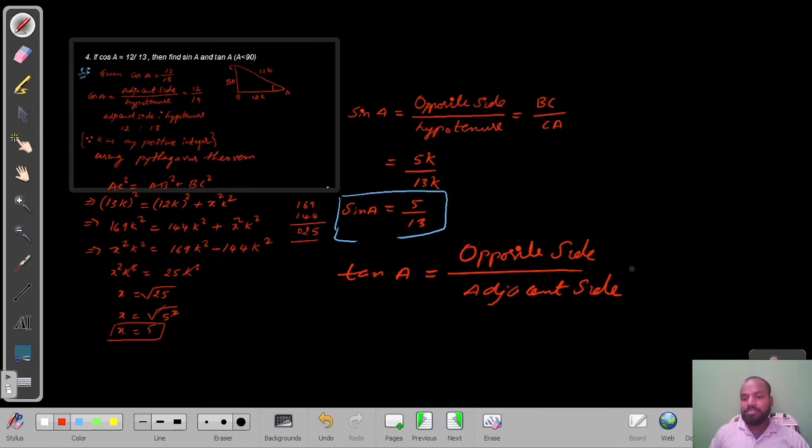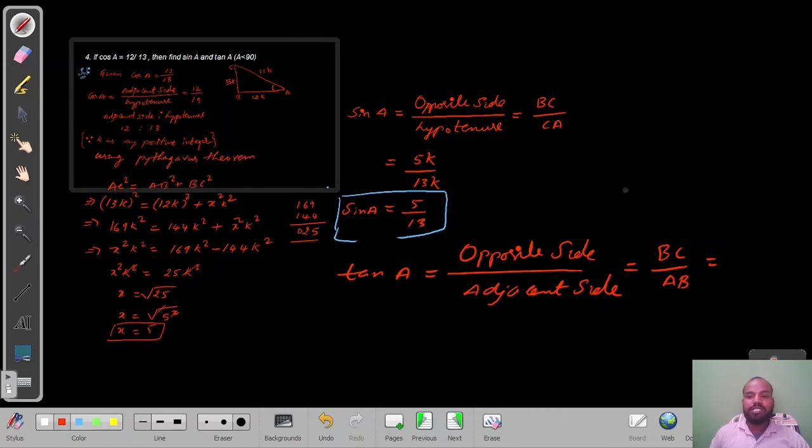Now what is our opposite side here? Opposite side is BC. Yes or no? Yes. Then what is our adjacent side here? This is AB.